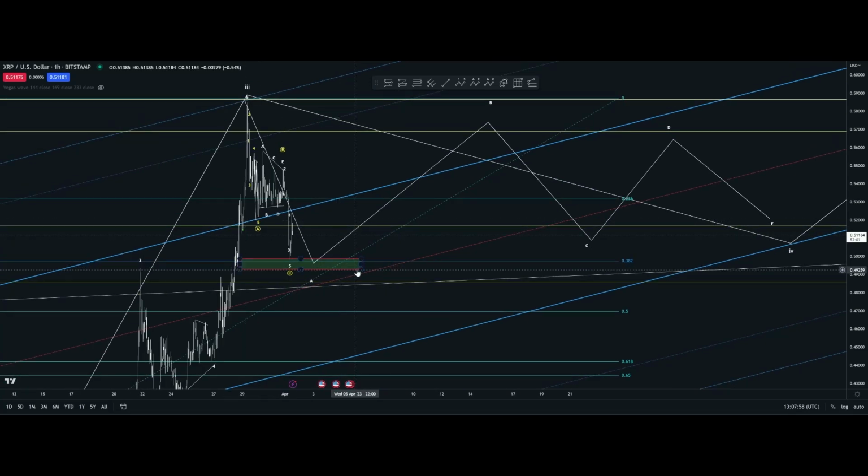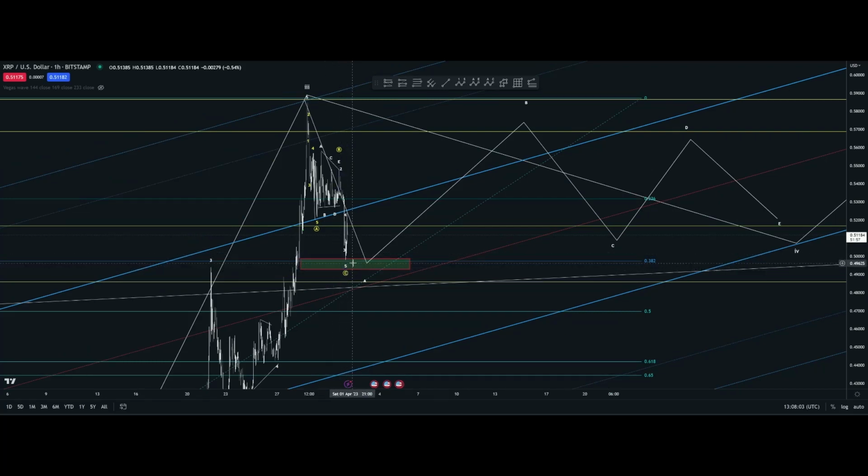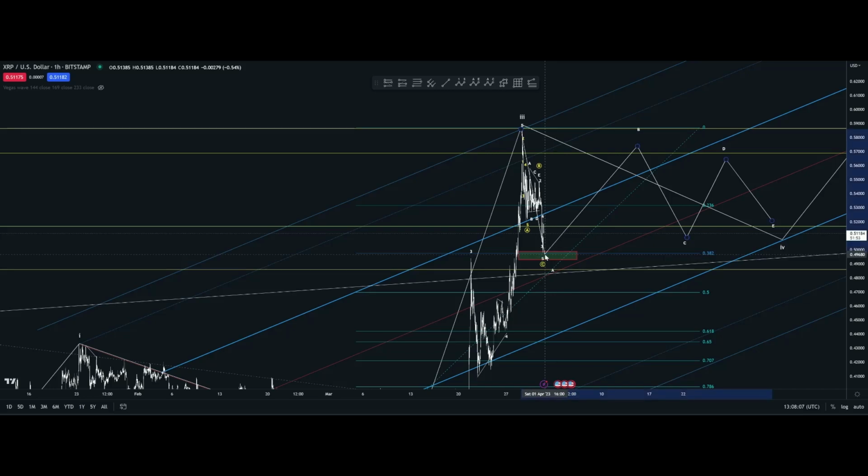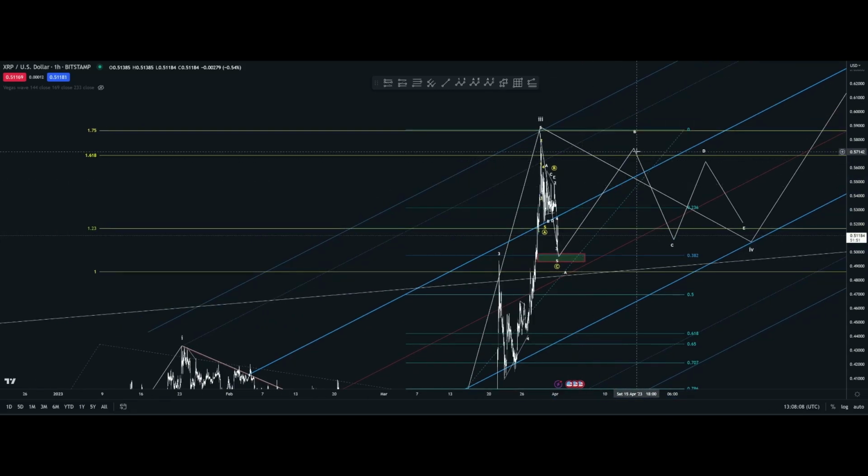There are some other blocks here. I had this area of interest, so I went in here as well. However, this can be only the wave A of a bigger triangle to come. We can also have an expanded B here and a running triangle.